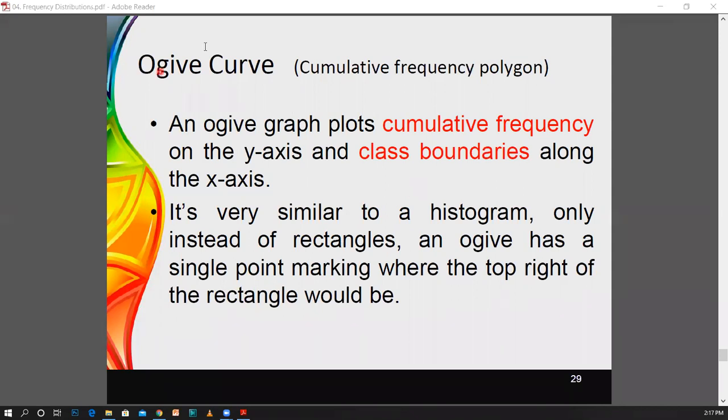But when you are going to construct the ogive curve, or another name, the cumulative frequency polygon, we use the cumulative frequency on the y-axis and the class boundaries along the x-axis. It is quite similar to a histogram, and here instead of rectangles, we are using the lines only.